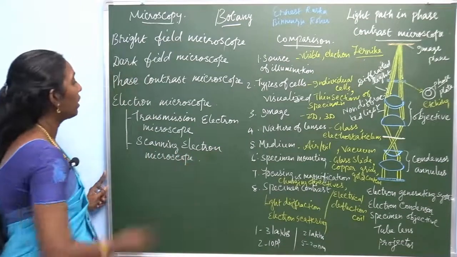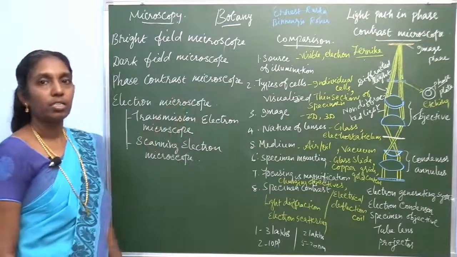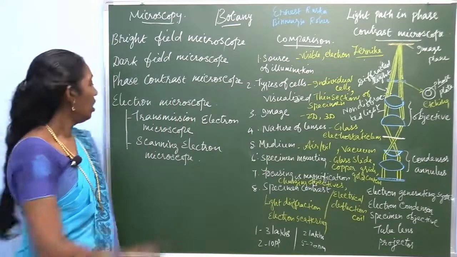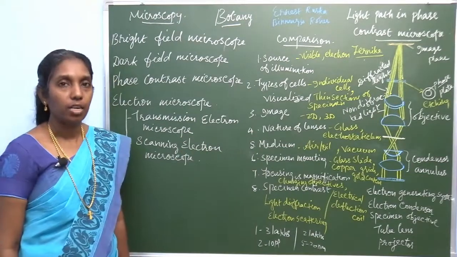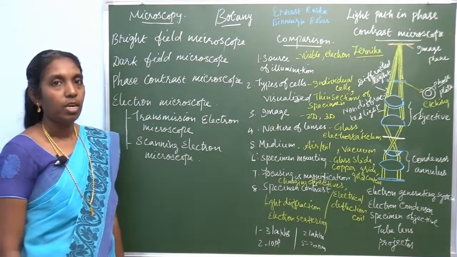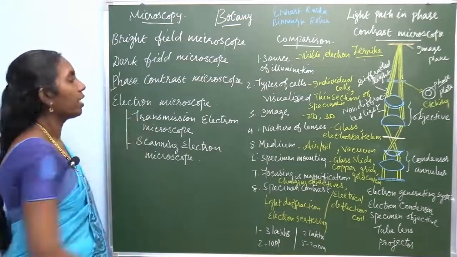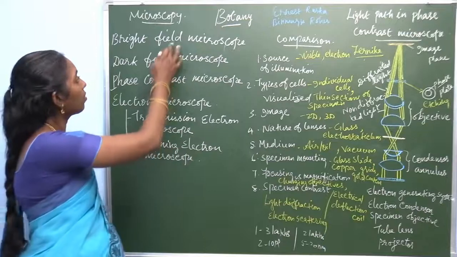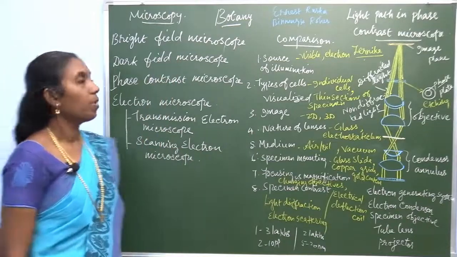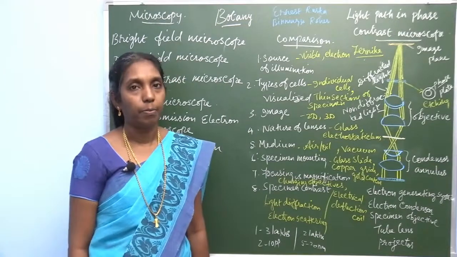There are two different types of electron microscope. Electron microscope has two types: transmission electron microscope and scanning electron microscope. Let's start from phase contrast microscope. I hope that you learned the first two types of microscope, bright field microscope as well as dark field microscope.